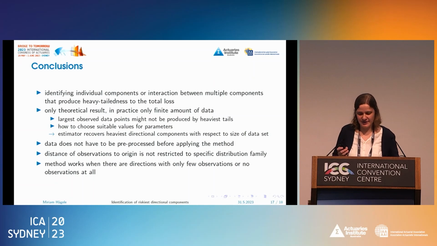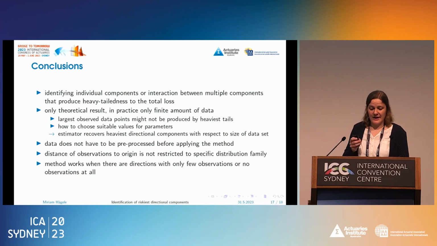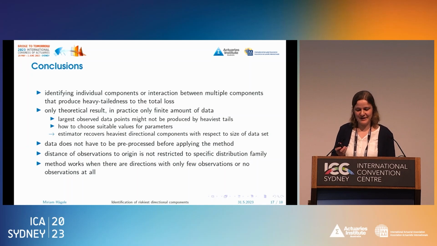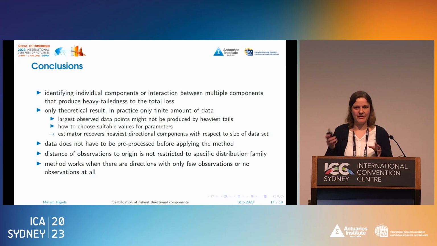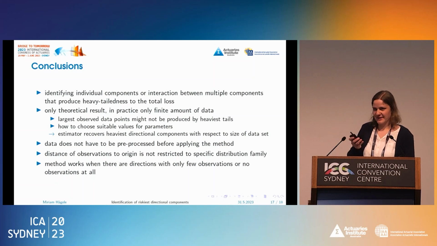It's more general in that respect. The method also works when there are directions with only few observations or no observations at all. So we don't have to think about whether there are observations in all directions. We can just apply this method.